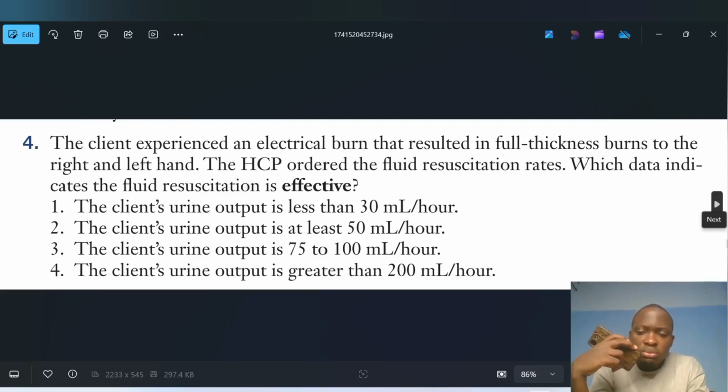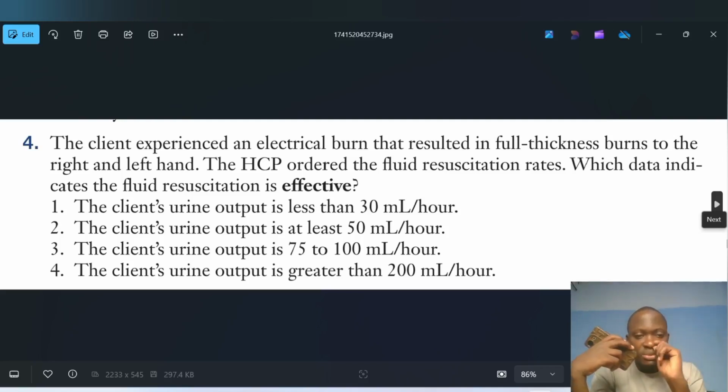Alright, the normal urine output is 30 ml per hour. Let's go through the options. The HCP ordered fluid resuscitation rates for this patient with full thickness burns. Which one indicates that resuscitation is effective? The keyword is resuscitation. The normal urine output is 30 ml per hour with no resuscitation. That means number 1 is off.